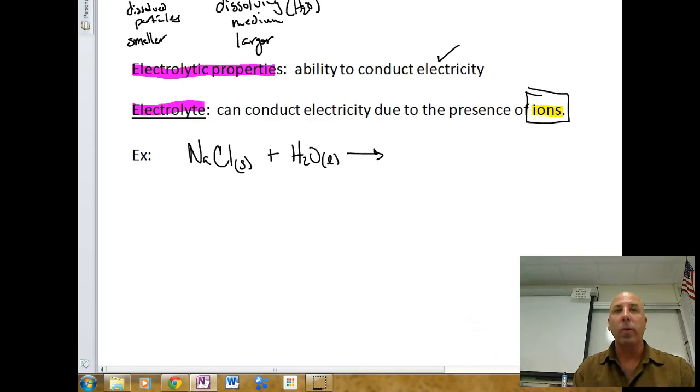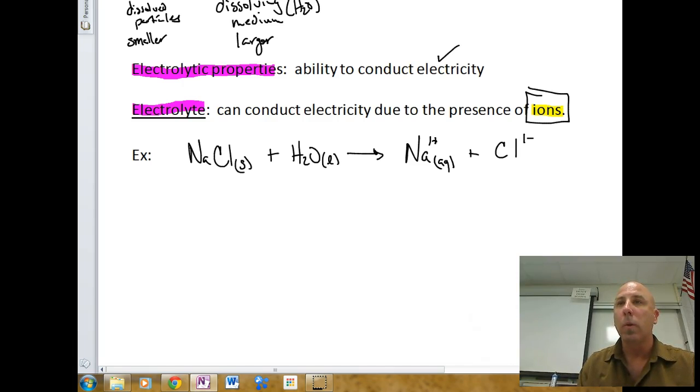The force of attraction between the water molecules and the ions is greater than the force of attraction between the sodium and the chloride. And so we're going to get sodium ions. Sodium is an alkali metal, so it's going to have a 1+ charge, and we know that because it's in group 1A. If you don't remember that, go back and review the videos on how to calculate the charge of these ions. We're going to write aq because it is an aqueous solution. And then it's going to break up into the chloride ion, 1- because it's a halogen, and also aqueous.